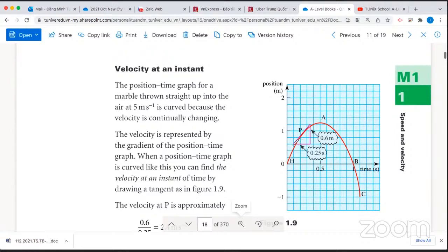The gradient of the graph shows the trend in position, that means the slope gives you the velocity. The gradient of the tangent of the graph at this point P will give you the velocity. And then the gradient of the speed-time graph will give you the acceleration, right?